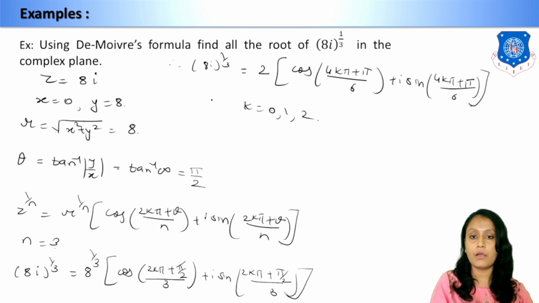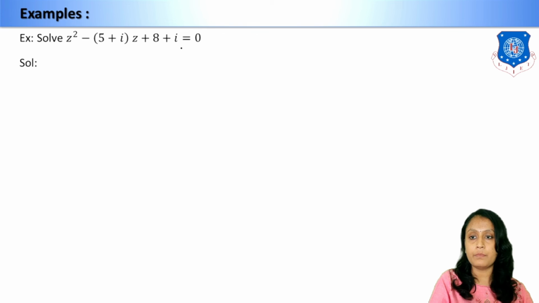Okay, now let's solve one more example. Solve z square minus (5 plus i) into z plus (8 plus i) equal to 0. Okay, we have to just find the roots. So z is equal to what? Minus b plus or minus under root b square minus 4ac upon 2a. Okay.